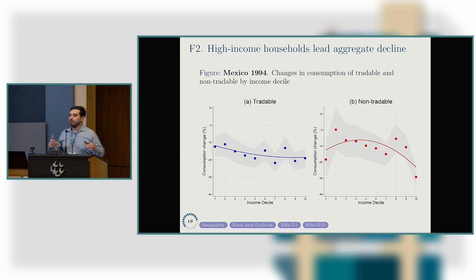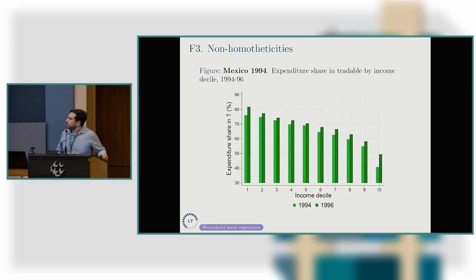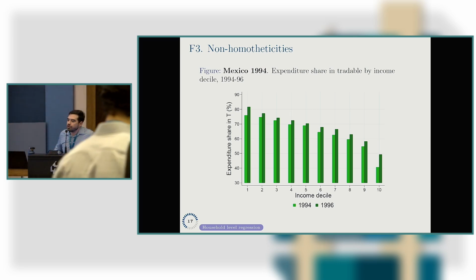At the household level, we have the Mexico case in 1994. This is household level data, and we have heterogeneous consumption adjustment, and the aggregate result is mainly motivated by high-income households that concentrate the main part of the decline in this economy. This is the expenditure share in tradable consumption.